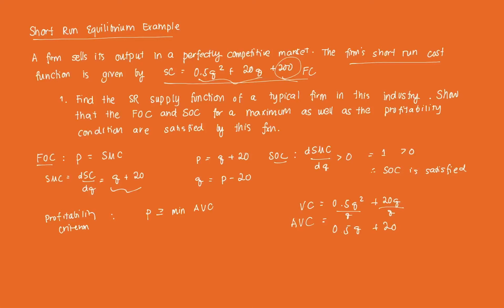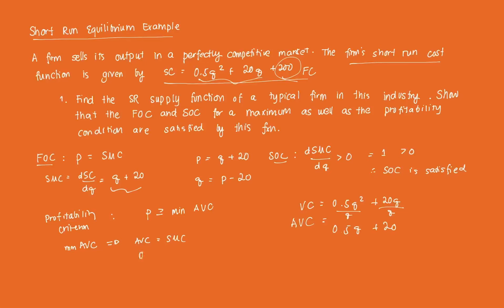What you're going to notice is that, as we had in the discussions before, the minimum average variable cost occurs at the point at which the average variable cost is equal to the short run marginal cost. So we're just going to equate the two.